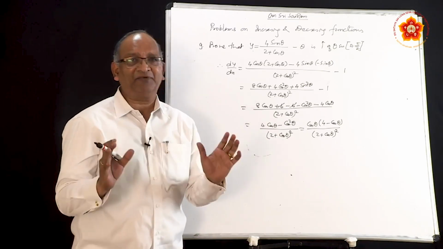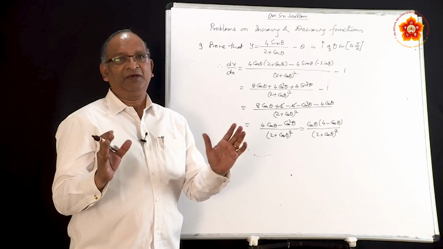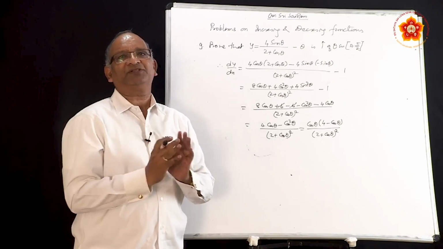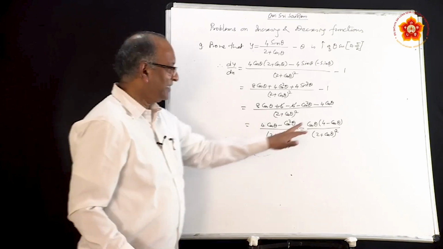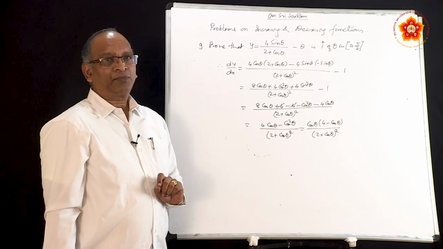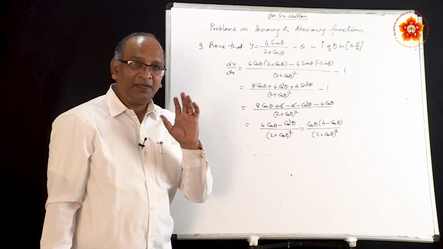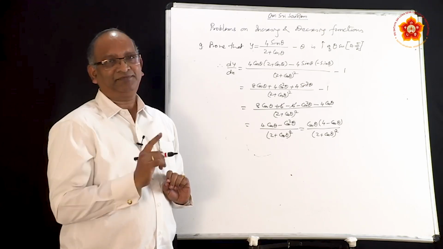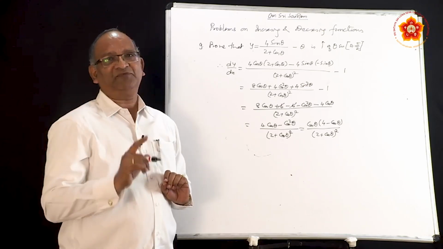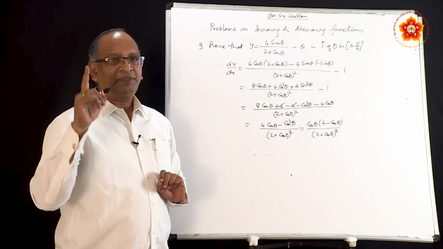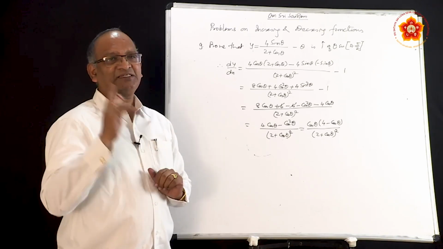In the first quadrant, all trigonometric functions are positive. So we can conclude that cos theta is positive. What is the largest value of cos theta? Largest value of cos theta is 1. All other values are less than 1: 0, 1 by 2, 1 by root 2, root 3 by 2. The biggest value is 1.